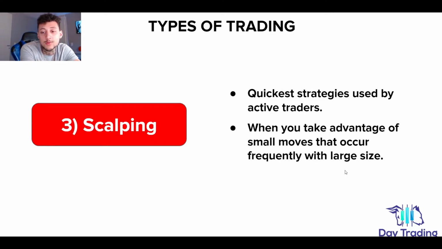And then the last form of trading is going to be scalping. It's the quickest strategy used by active traders. When you're scalping, you're looking to get in and out of the market pretty much within the same hour, right? You take advantage of small moves, often with a larger position size.